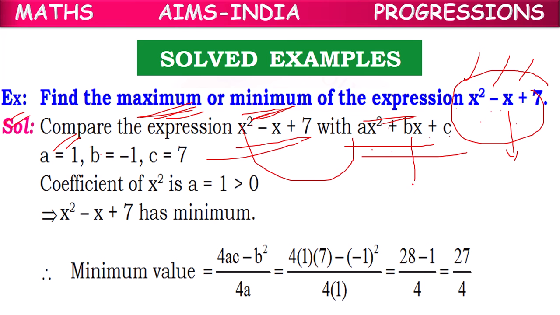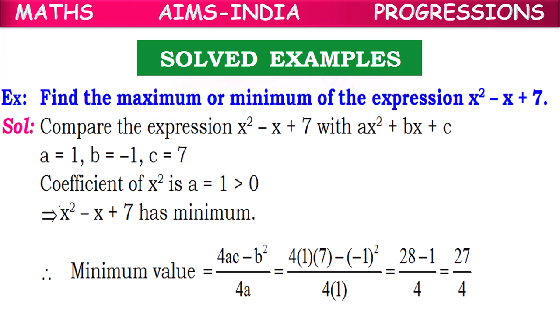In the place of b, the x coefficient, there is nothing, so it is minus 1. In the place of the constant we have 7. So the coefficient of x square, which is a, equals 1, greater than 0.